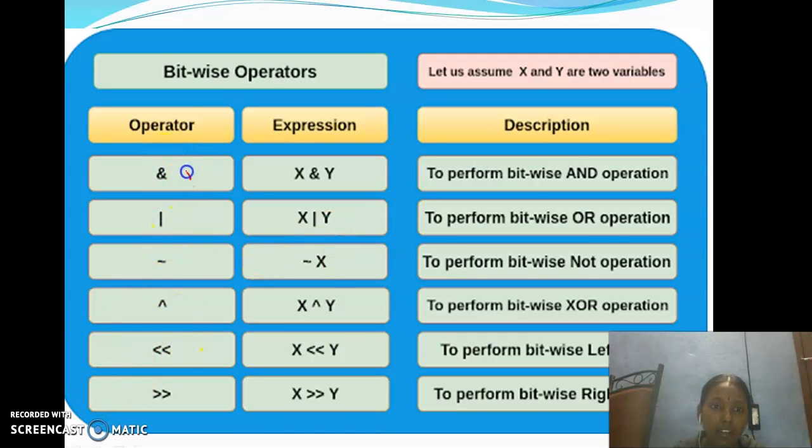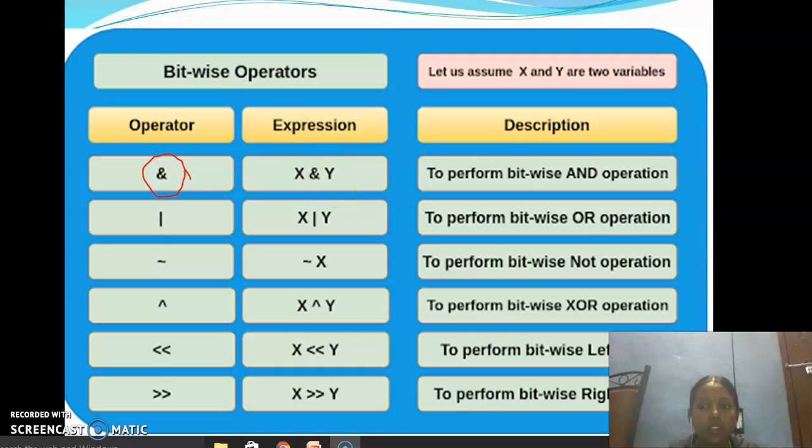Here we have the AND operator. The logical operator is double AND, but here we have the single AND operation. Now what is meant by the single AND operation? For example, consider an expression x and y. So this x contains 10, this y contains 15. Assume that. These bitwise operators perform the operations on binary numbers.